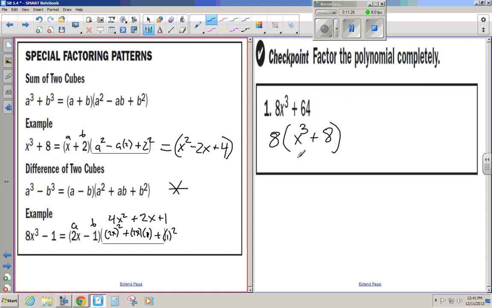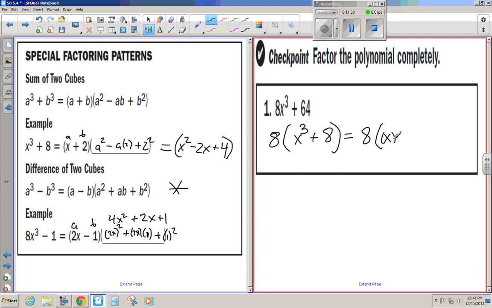X is, well, actually, let's rewrite it like this. So x in parentheses cubed plus 2 in parentheses cubed. So a equals x, b equals 2. And we follow this sum of two cubes.